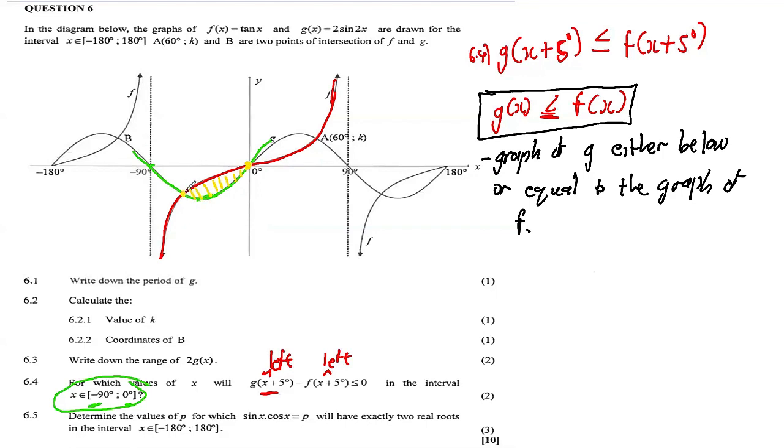But then we have a challenge of finding this point of intersection. What's that point of intersection? Remember in the previous question, in 6.2.2, when we were finding the coordinates here, we said the coordinates of B were negative 120 degrees to root 3, right? So these were the coordinates of B. And then here we had negative 120 degrees.